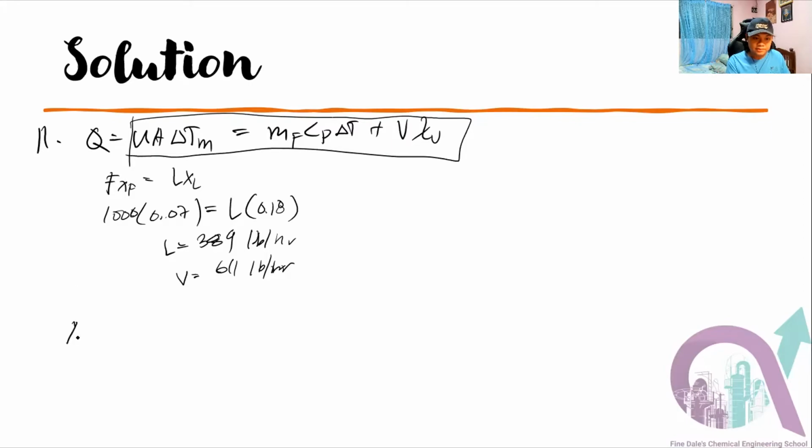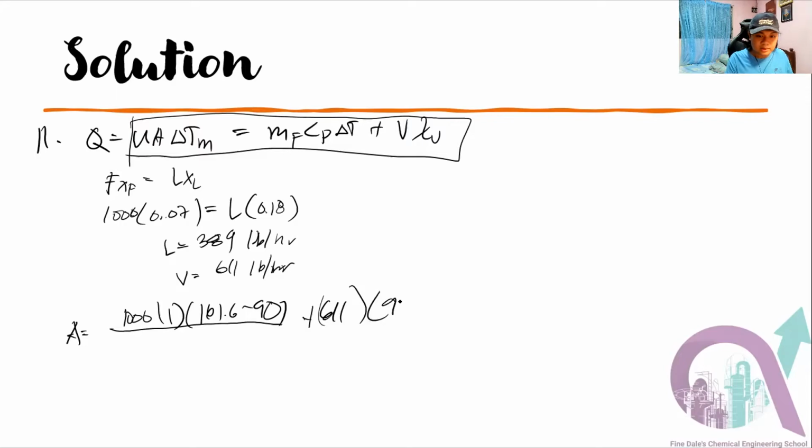So we have A is equal to 1000, then 1, then 161.6 minus 98, plus 611, and then 972.93, over 200 times 90.